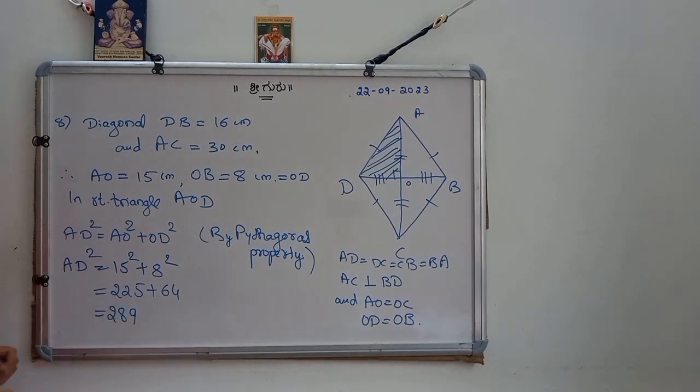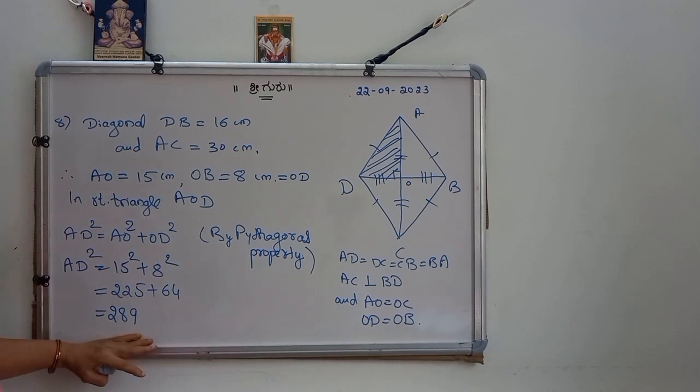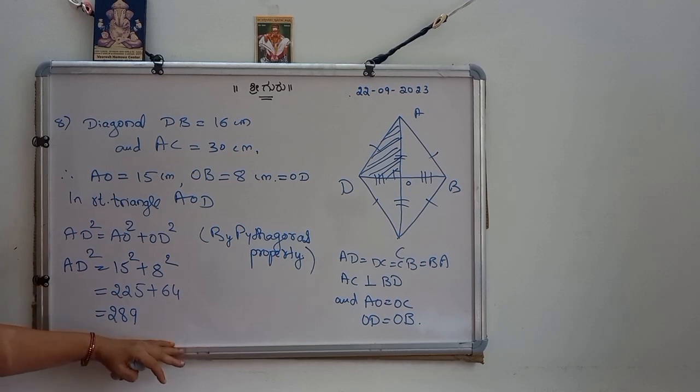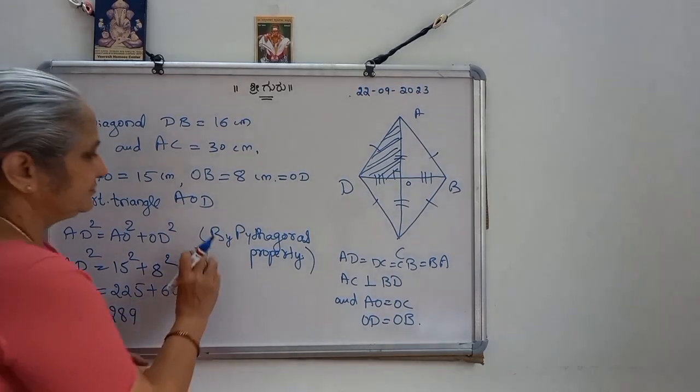Now to find the factors of 289 such that we could write them as the product of two same numbers, so that we can find AD is equal to that number. How to find prime factors of 289?